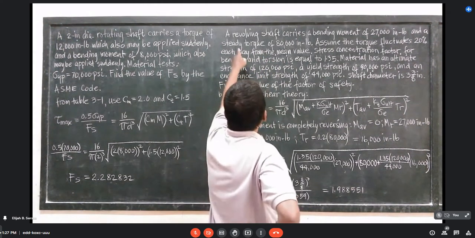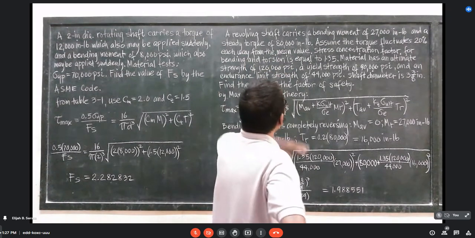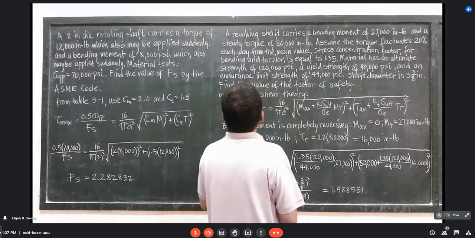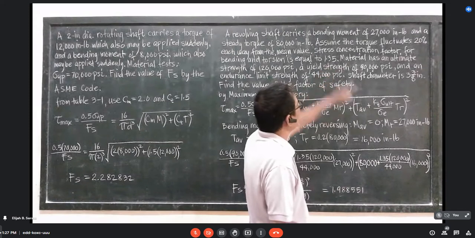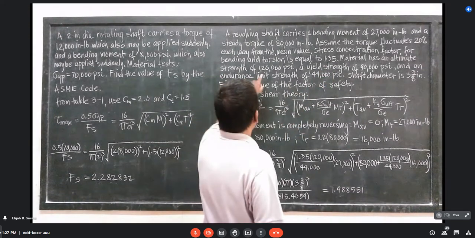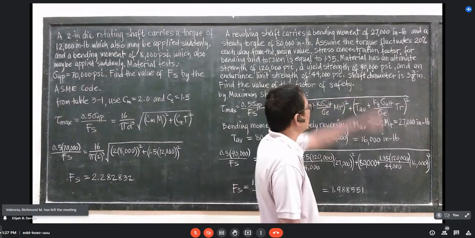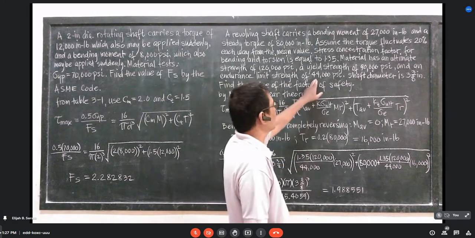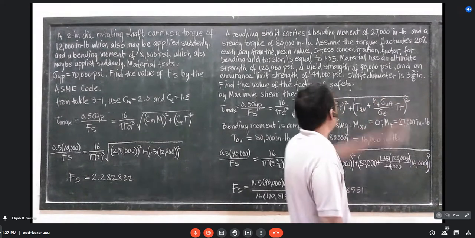So your steady torque is 80,000 and then it fluctuates 20% of the 80,000. And the stress concentration factors are given to be 1.35. And the ultimate strength of the material is 120,000 psi. The yield strength is 90,000 psi. And the endurance limit is 44,000 psi. The shaft diameter is 3 3/8 inch.